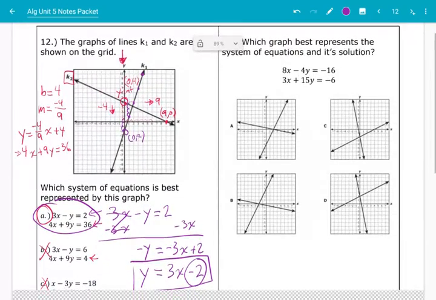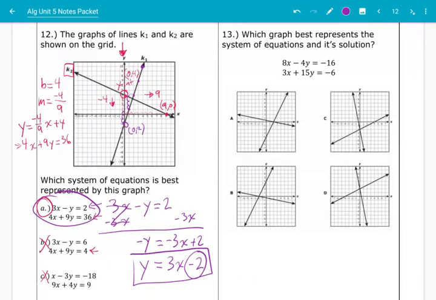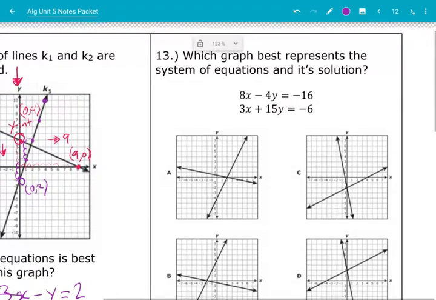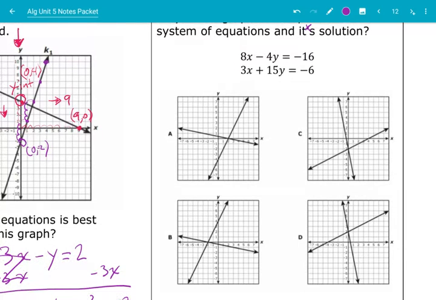Let's see. Which graph best represents the system of equations and its solution? Okay, which graph best represents the system of equations? Well, let's see. These are in standard form, and all of these graphs, what's the best thing we can see about them?